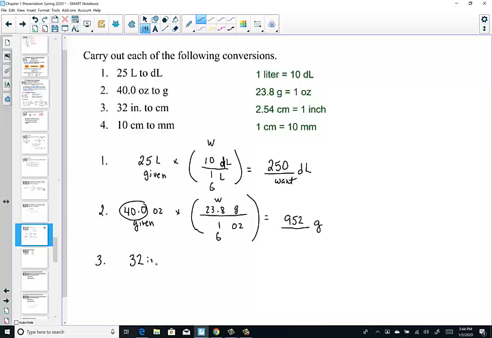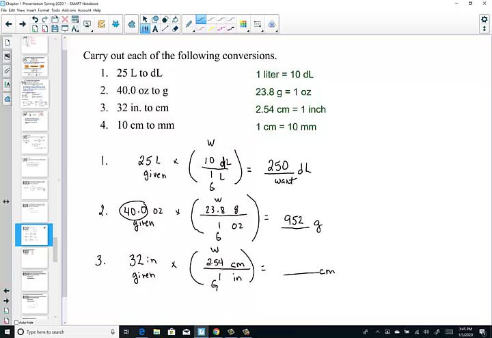3. 32 inches into a centimeter. So this is our given unit, inches. Let's set up a want over given conversion factor to cancel the given unit and bring us out to what we want to know, which is a centimeter. We want inches to cancel, it goes on the bottom. We want a centimeter, therefore it goes on the top. So in every 1 inch, there's 2.54 centimeters.